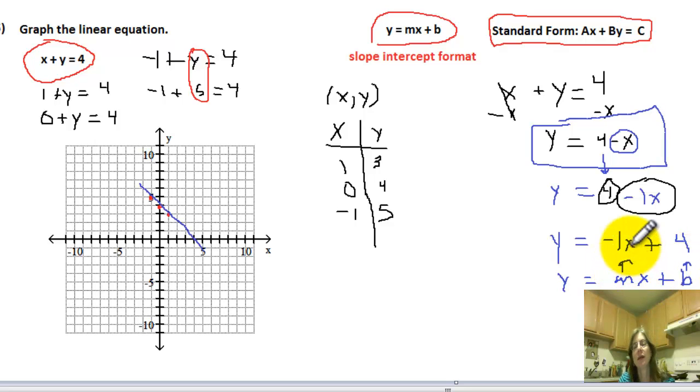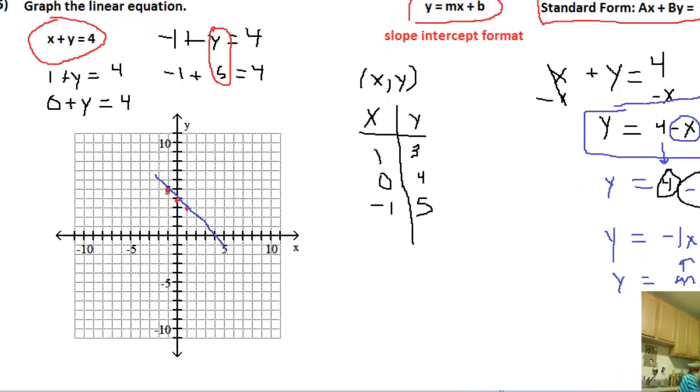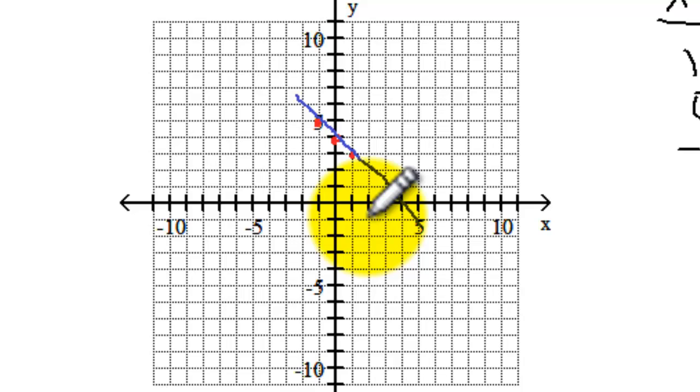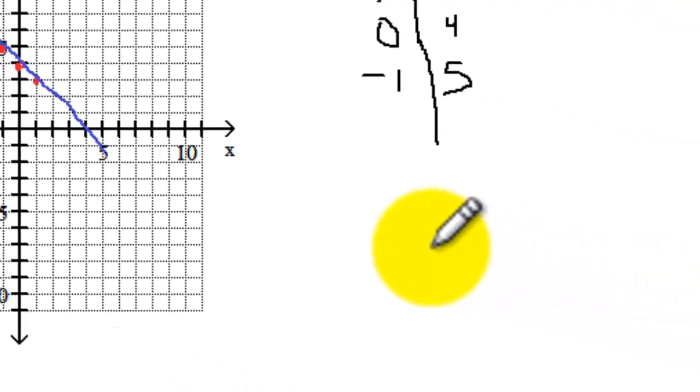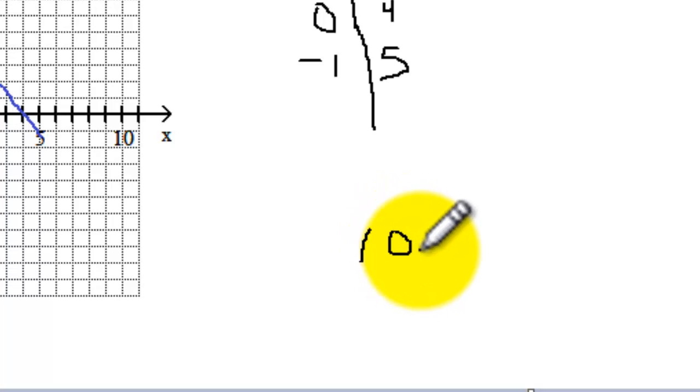And how you can plot it just using this slope and y-intercept is that you can go on the graph to the y-intercept, which is 4. Remember, what we use for a y-intercept is just the 4, but overall, it's a point on the line.